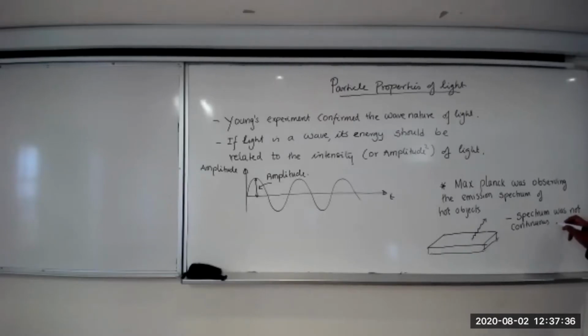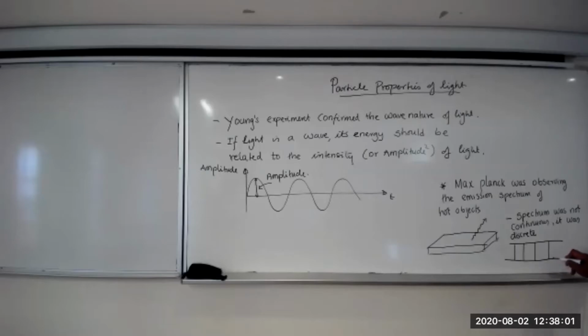The spectrum was discrete. He wasn't sure why he wasn't getting a continuous spectrum of light.